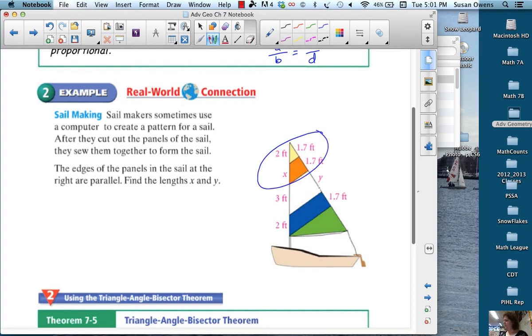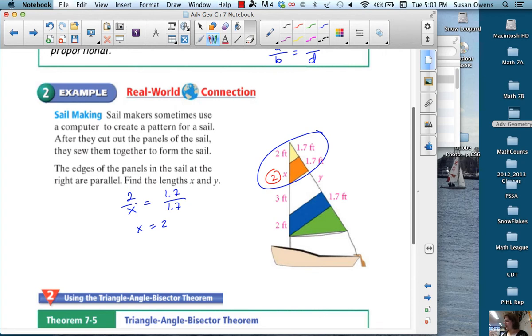to find x. Now, one thing you can notice is, we can set up a proportion for this one. 2 over x equals 1.7 over 1.7. And we could cross multiply and all that. But the only way that 2 over x equals 1.7 over 1.7 is if x equals 2. And then once we find x equals 2, now we have different ways that we can find y.